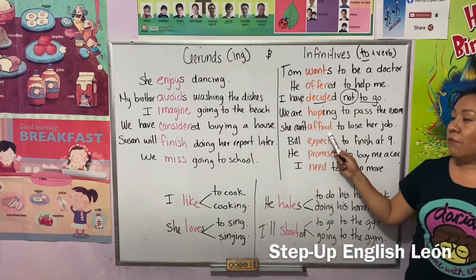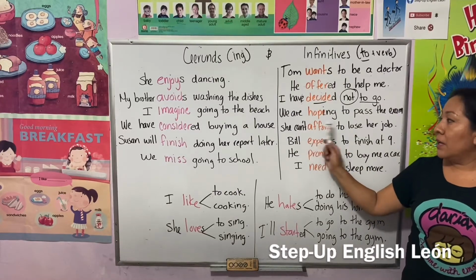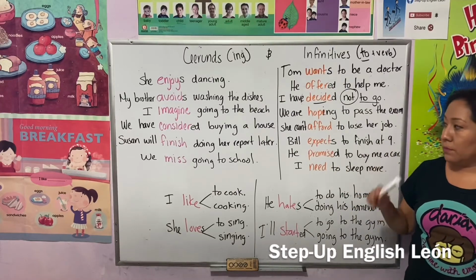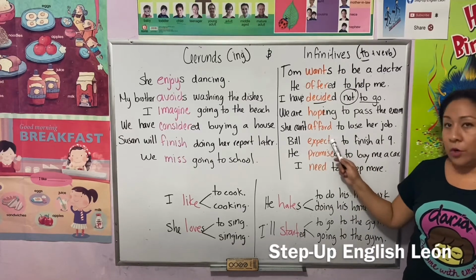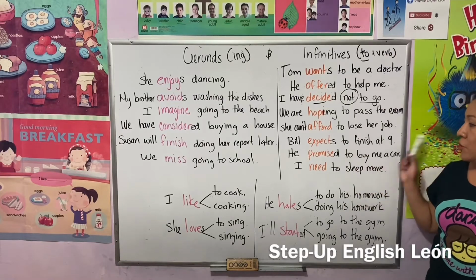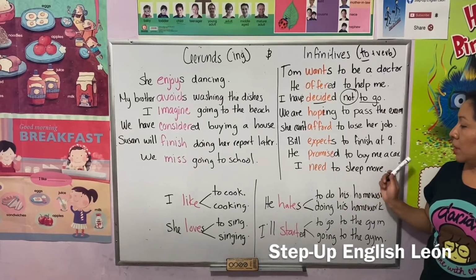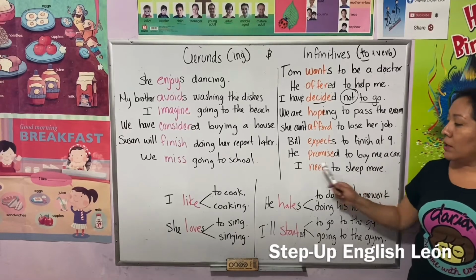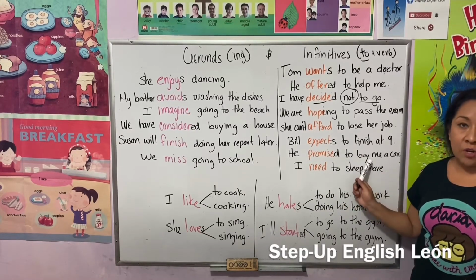"She can't afford to lose her job." With a modal verb, can't. "Bill expects to finish at 9." Present simple, third person. "He promised to buy me a car." Past simple, promised in past. Second verb, infinitive.